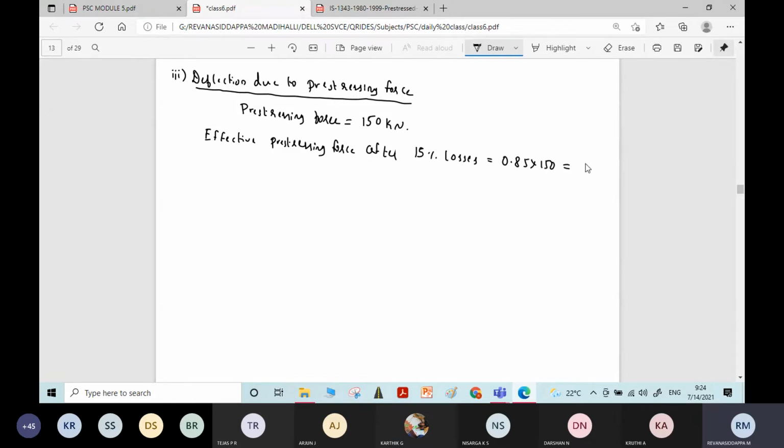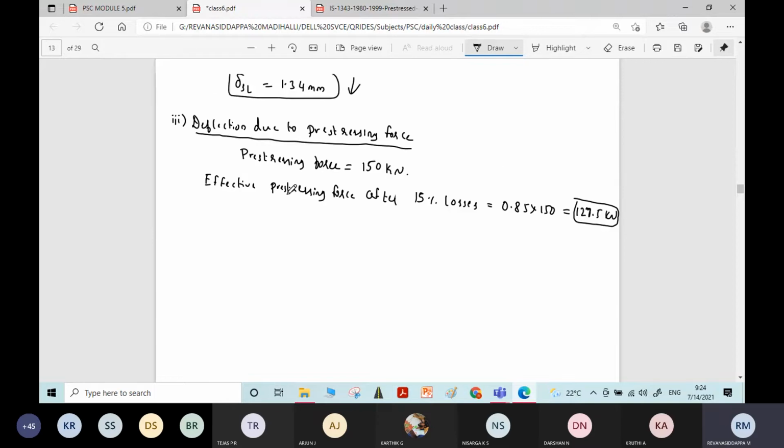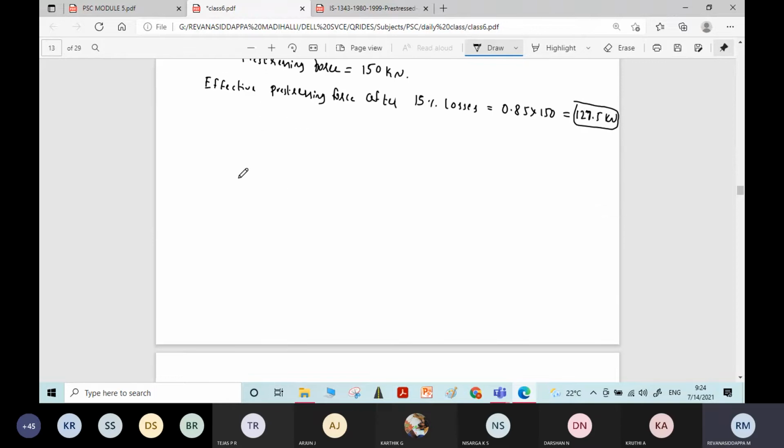How much will you get? 0.85 into 150 is 127.5 kilonewton. Yes, 127.5 kilonewton. Now write the diagram.